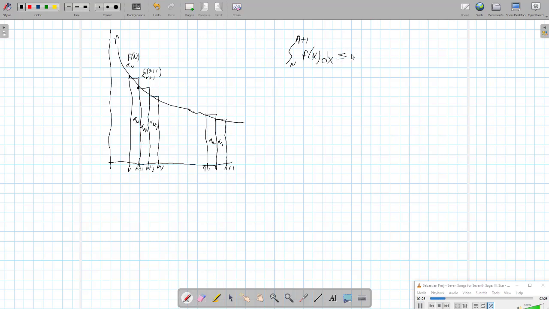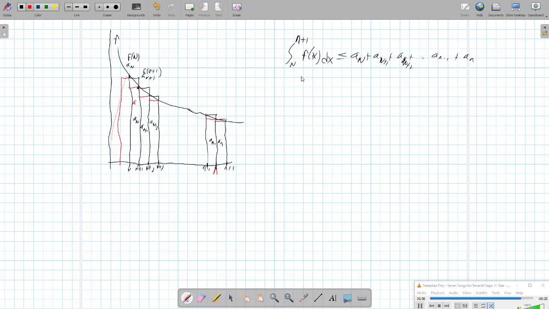So this is less than or equal to a1 plus a2 plus a3 plus dot dot dot a sub n plus a sub n plus 1 plus a sub n plus 2 plus dot dot dot a sub n minus 1 plus a sub n. That's certainly true. Then, if we draw our rectangles this way, it just shifts the rectangles over 1.